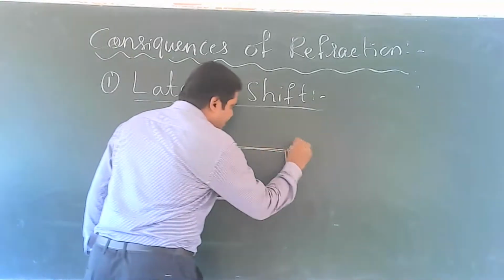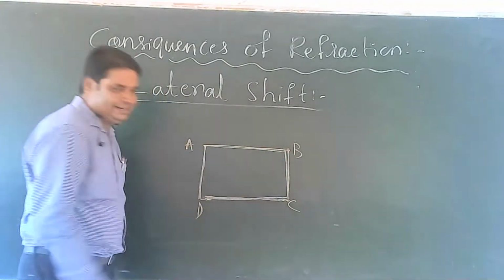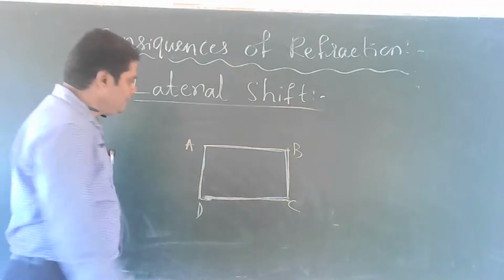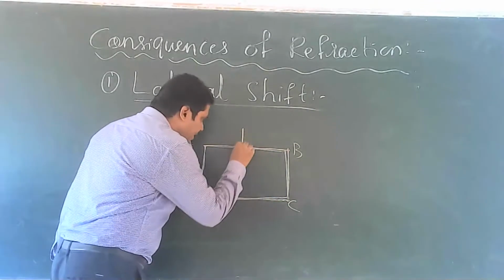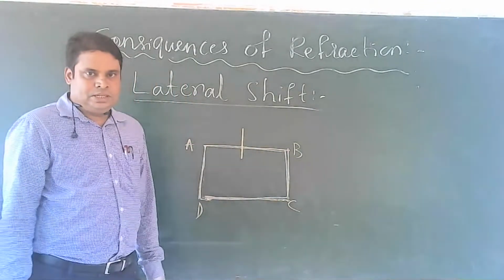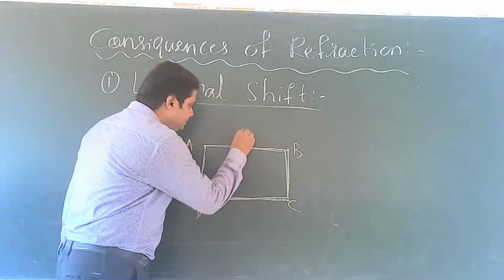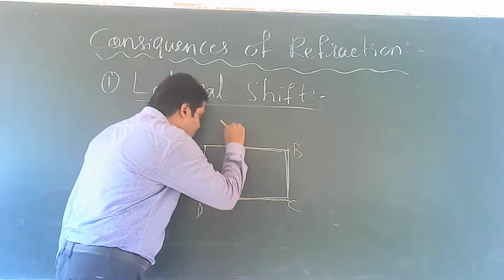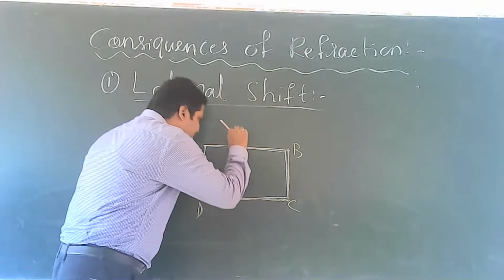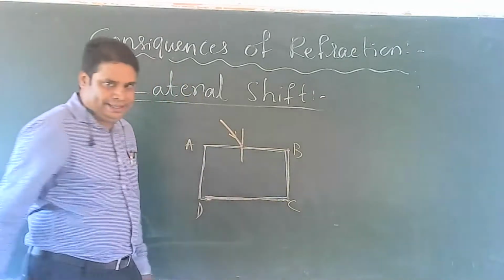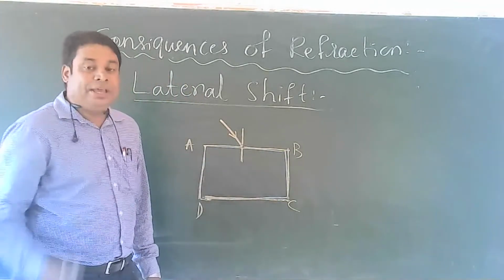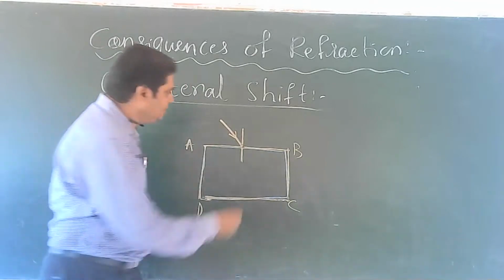See, ABCD is a glass slab. When a ray of light is allowed to fall on this glass slab obliquely, here we have 2 media.